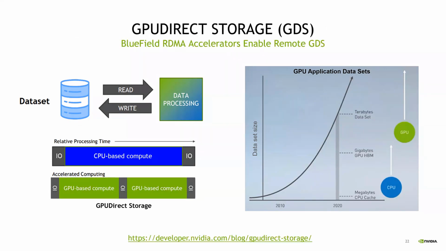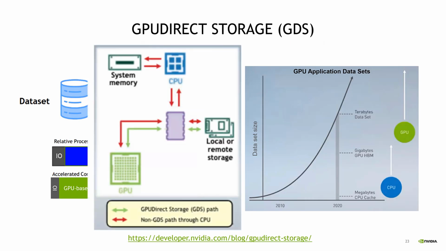To solve this, NVIDIA developed a technology called GPUDirect Storage. It uses the RDMA accelerators in BlueField or ConnectX to decrease the storage I/O cycle for the GPU. Without GPUDirect Storage, remote data and local data is moved from the remote or local SSD to the GPU memory with a couple of stops in system memory and lots of software.